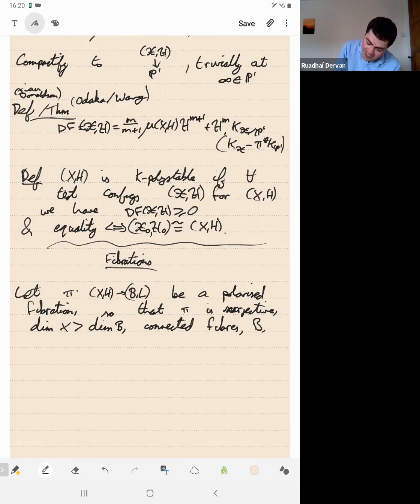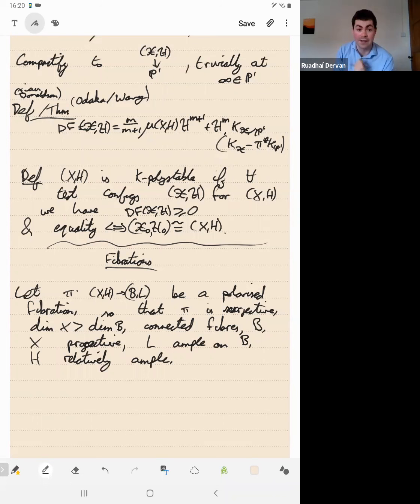I'll require that B and X are both projective. This is a fibration between projective varieties. I'll require that L is ample on B. And I'll require that H is relatively ample. So again, this just means that it's ample on the fibers.